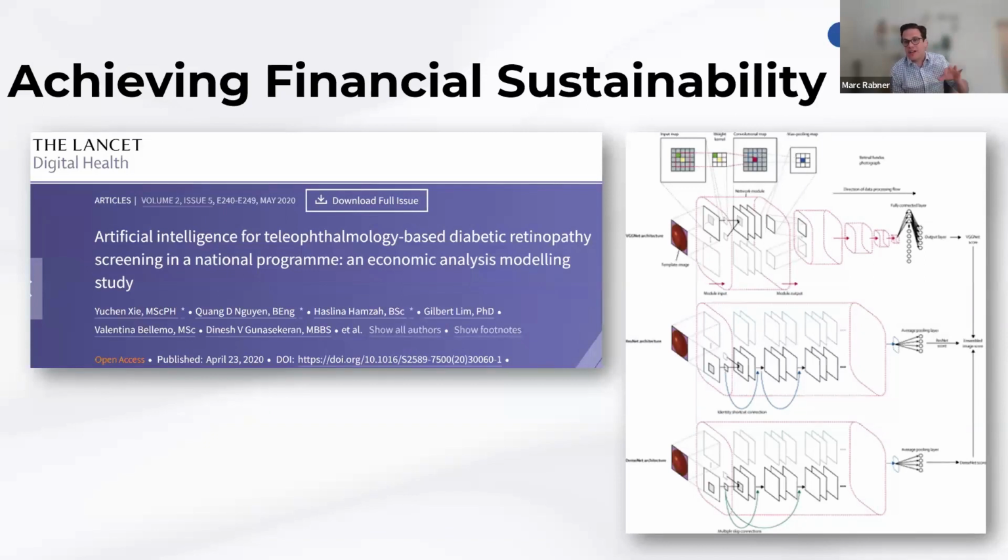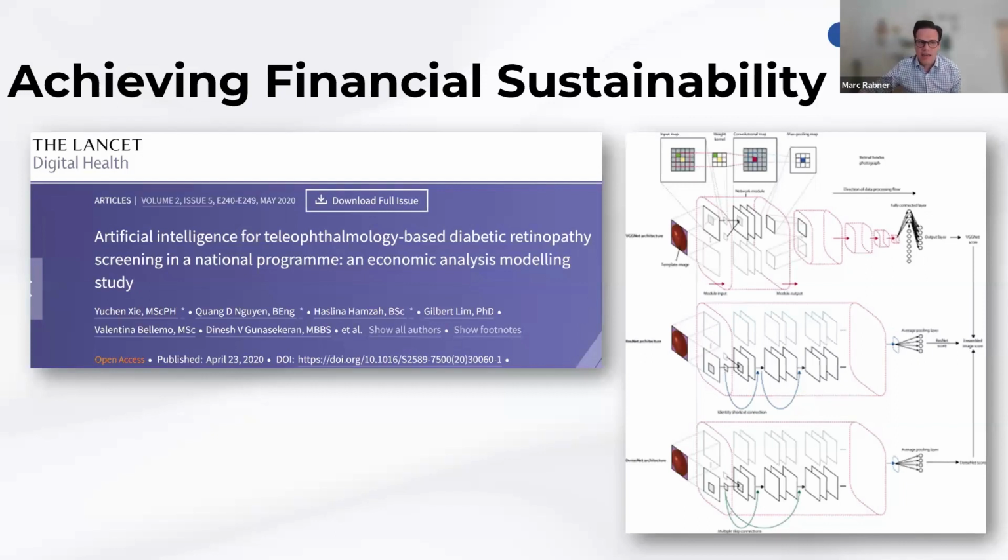The AI basically triaged out the patients that did not have diabetic retinopathy or had very mild disease and didn't need intervention. And then they sent the more complex patients to humans for confirmation and for further treatment. And they saw a 20% reduction in cost each year from this method without a change in the outcomes of these patients.